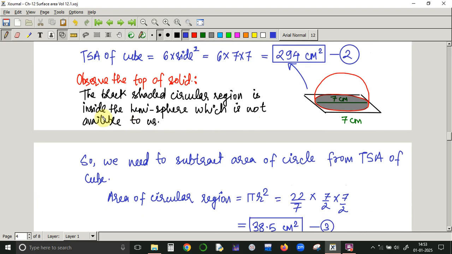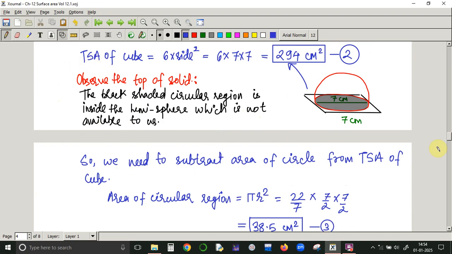I hope this is clear to everyone. Otherwise everything has to be added: total surface area of the cube plus CSA of the hemisphere. Now we have to subtract one thing: the area of that black circular disc, that is pi r square.